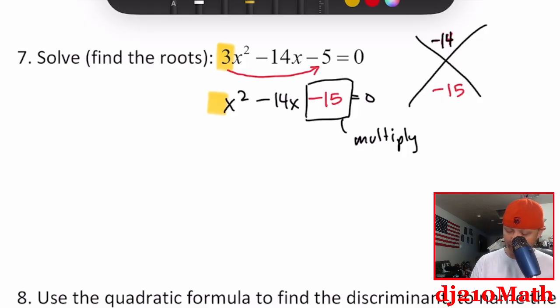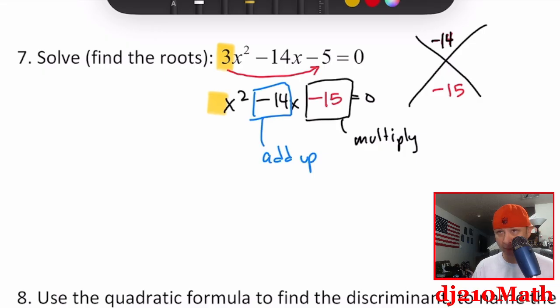At the same time, they need to add up to whatever the B value is. So 2 numbers that multiply to make -15 that add up to -14. Doesn't matter what number, like I said, it's all technique, right? Like the X that I'm making on the side with the 2 numbers. It doesn't matter what number goes where. What matters is that 2 numbers multiply to make -15 that also add up to -14.